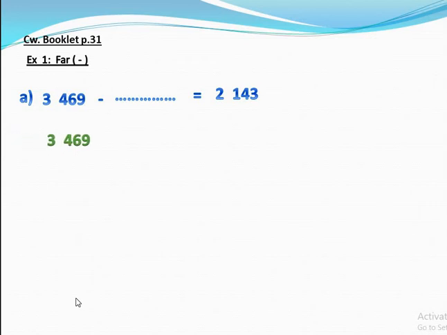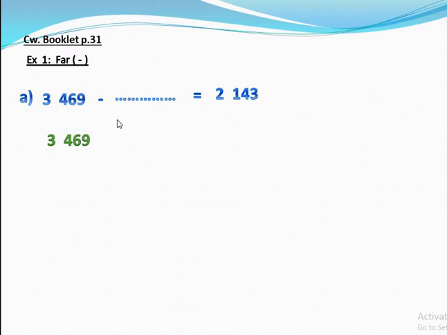Let's solve classwork booklet page 31, exercise number 1. If we have far numbers, we know that the rule is subtract. So 3469 minus which number equals 2143.